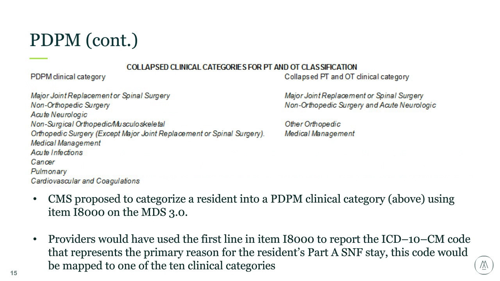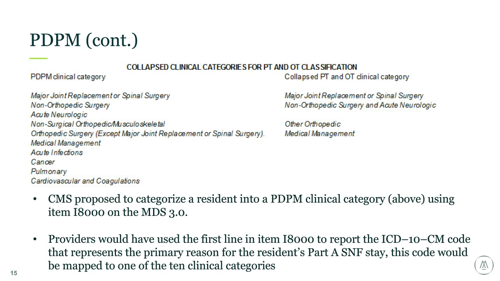So what CMS was doing with the PDPM is they were also wanting to make sure that there was an accurate reflection, in the transition from the acute to post-acute space, of what the conditions and clinical categories were for those residents coming into this space.